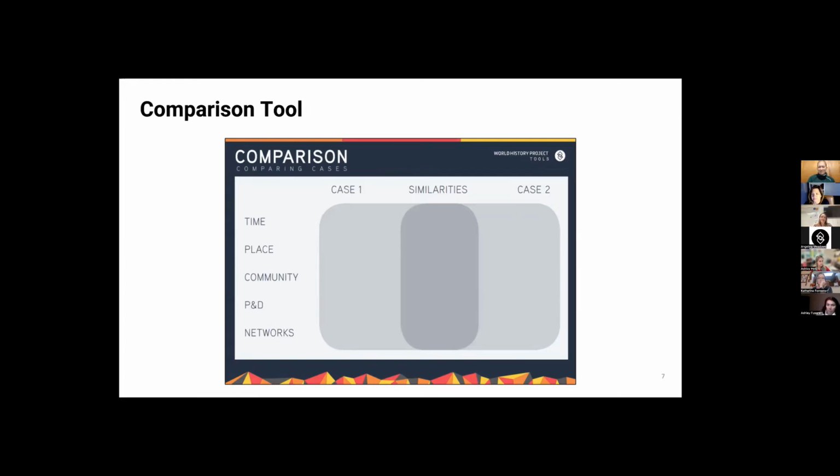Now, this comparison tool takes a slightly different approach from your typical Venn diagram. It doesn't ask students to look at general unique similarities and differences. It asks them to think more specifically through the lens of categories: time, place, community, production and distribution centers, and other networks.